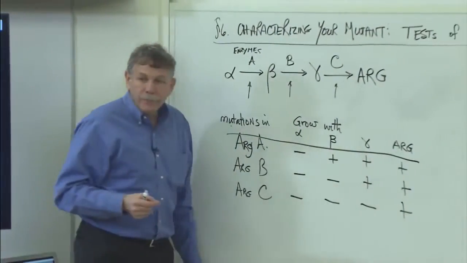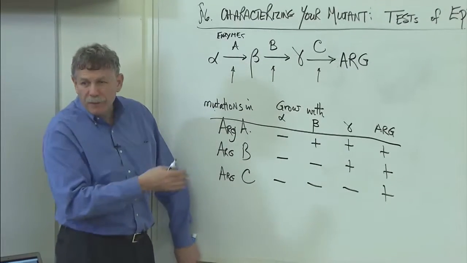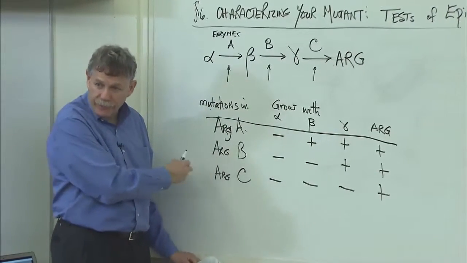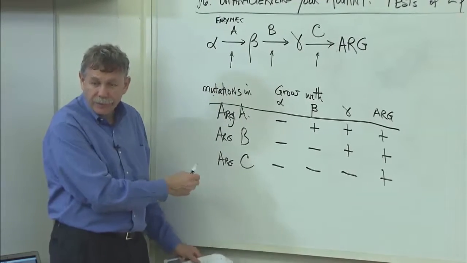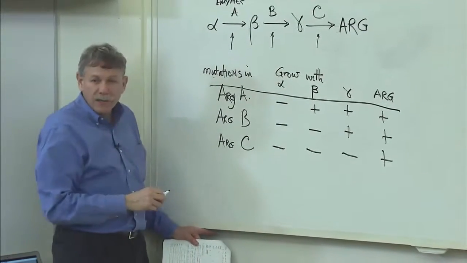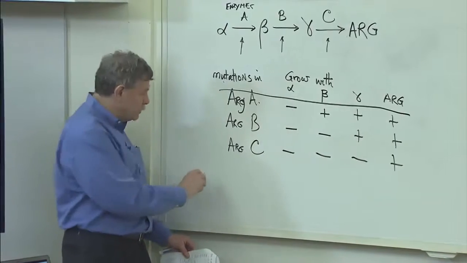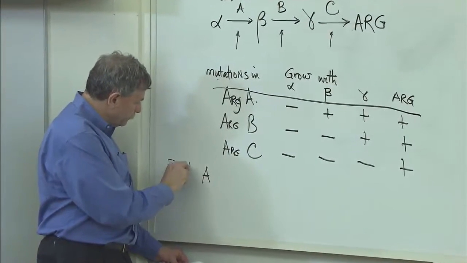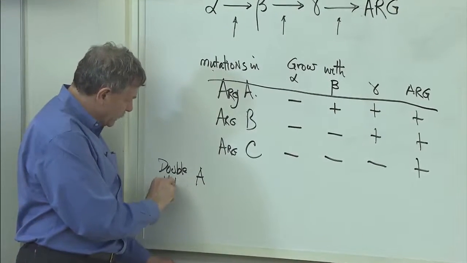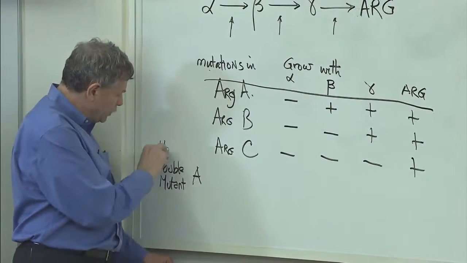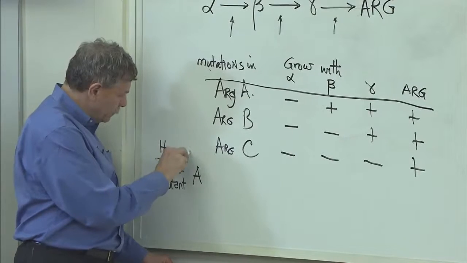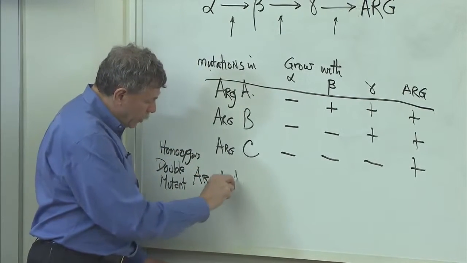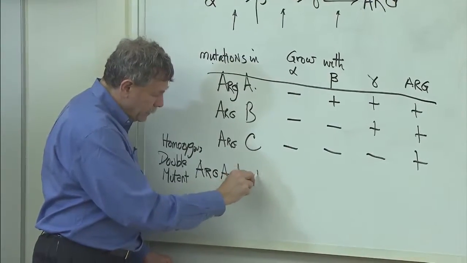Now, suppose I had, and here I'm going to pick either haploids or homozygotes for my mutations, okay? I'm going to ensure that they're either haploid or homozygous. What about double mutants? Suppose I had a homozygous double mutant, and it was ARG-A, ARG-B.